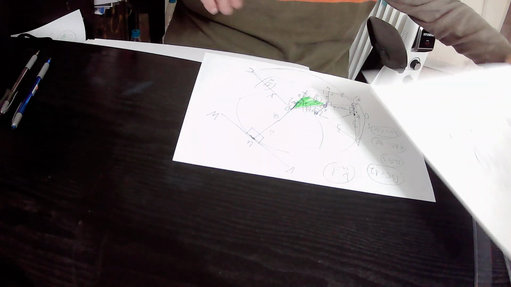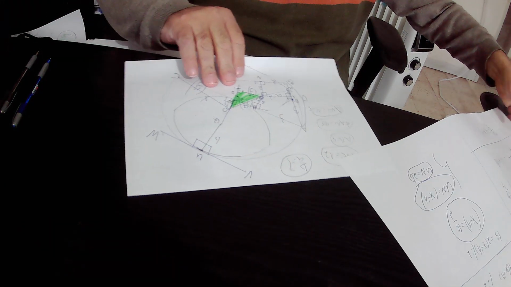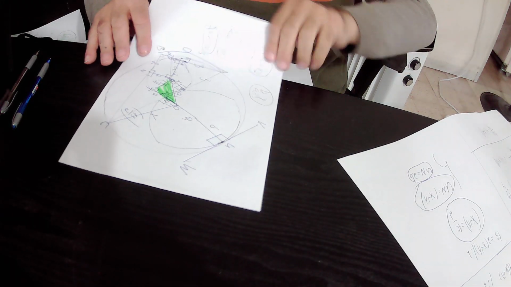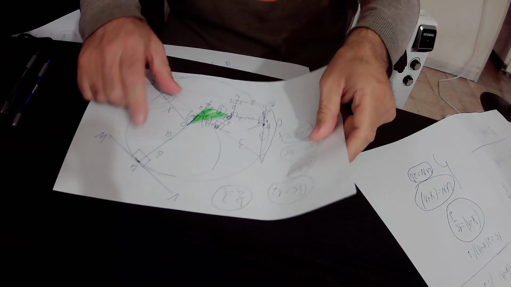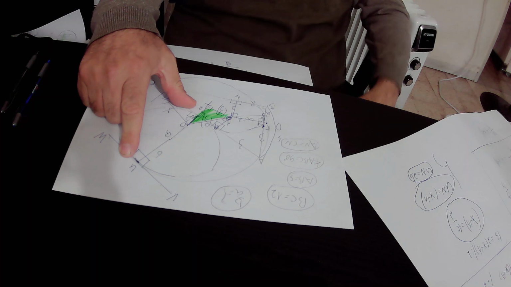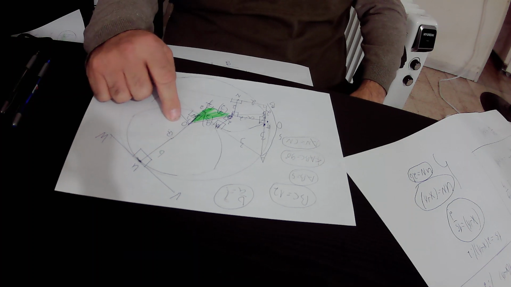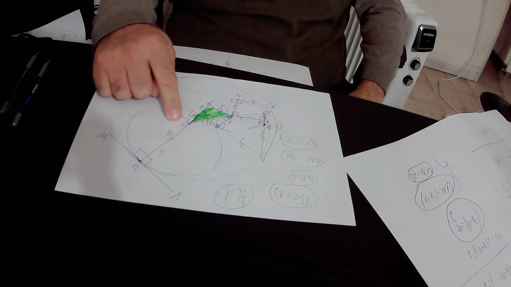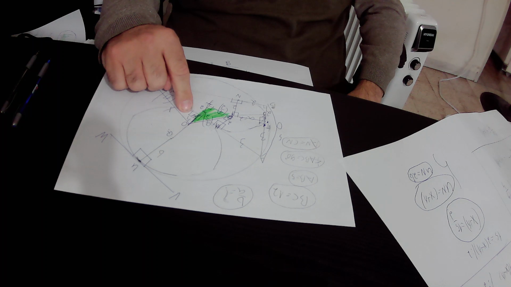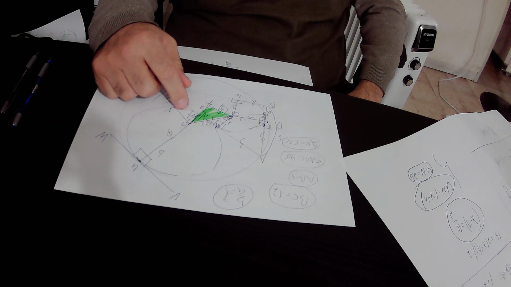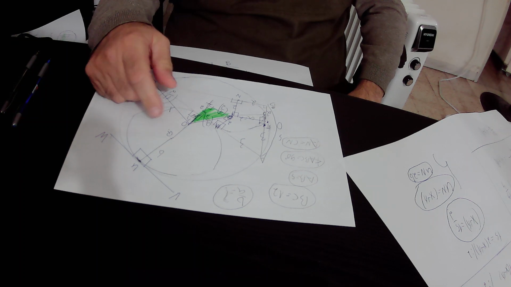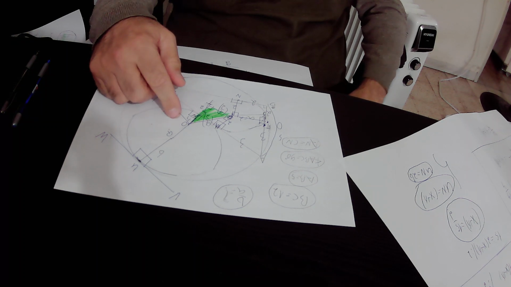So we found that x plus h equals 15 over 2. But from the drawing, it is very easy to see that UN is equal to UO, that is x, plus ON, that is h. So in total, UN equals x plus h.